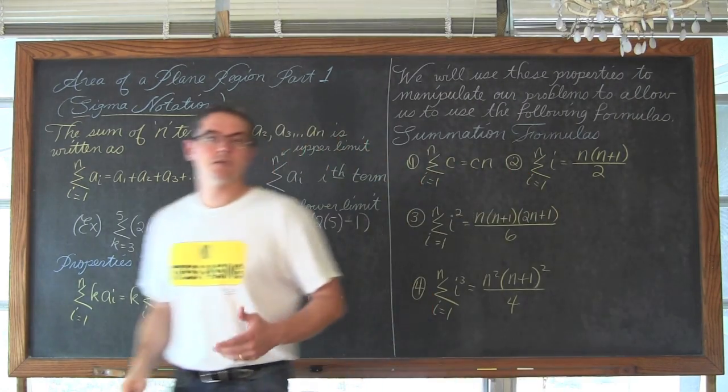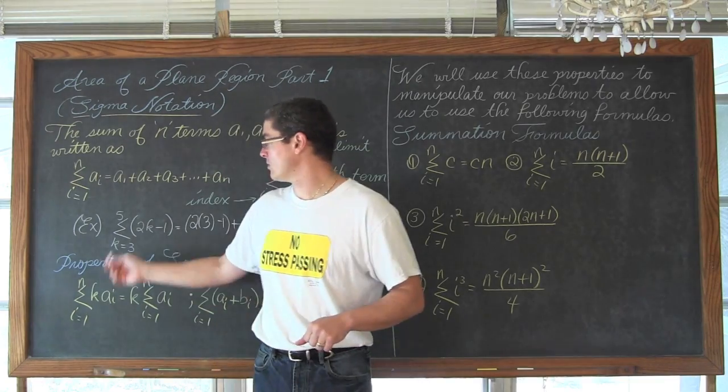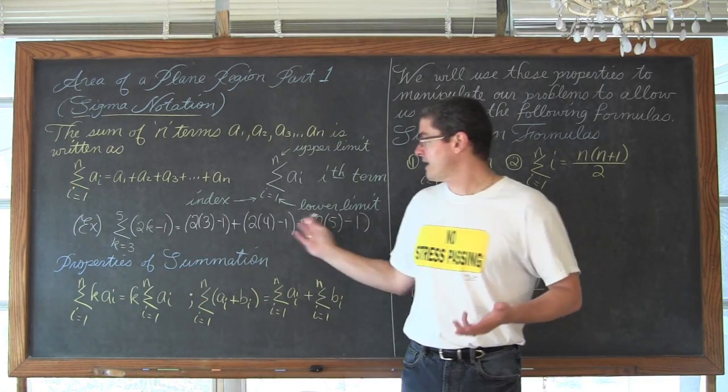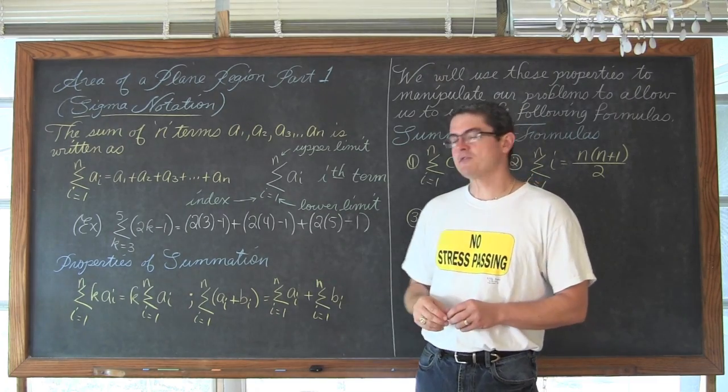After we plug in our values of 3, 4, and 5, our lower limit was not equal to 1, we're going to just work that out and add all that up and get whatever the final answer is.